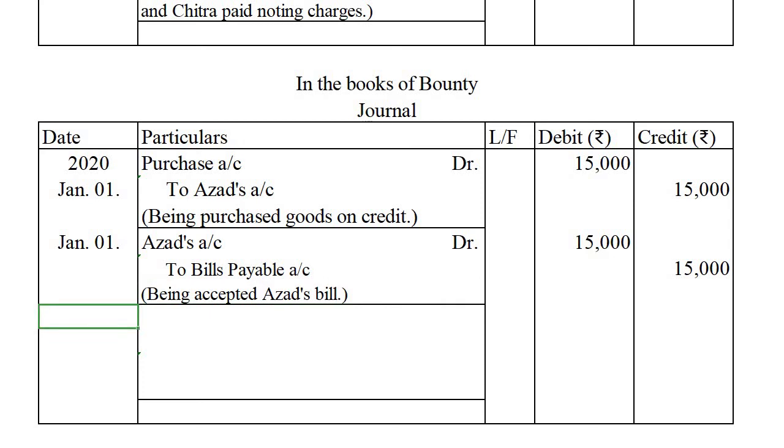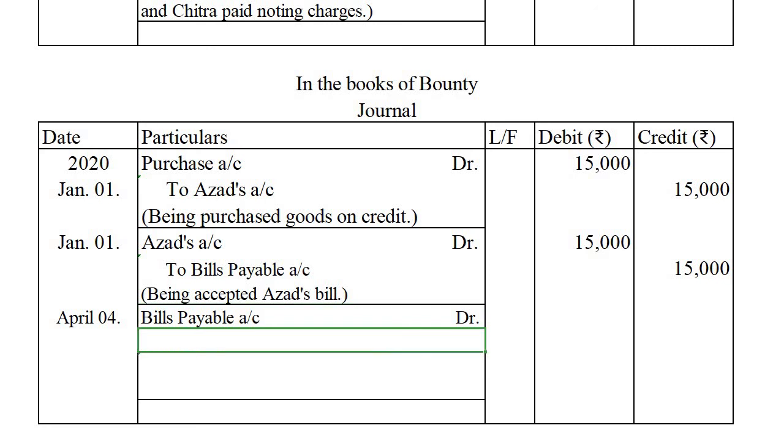Then now again on maturity he failed to pay the money. So he has to pay the money against that bills payable. So bills payable is cancelled now. So bills payable debtor.